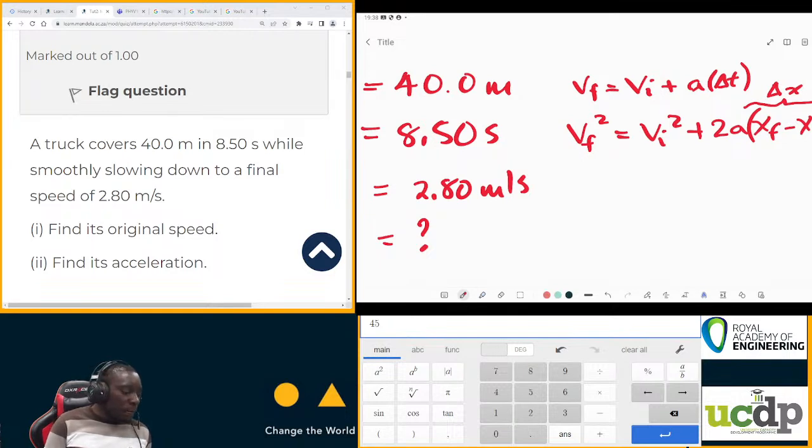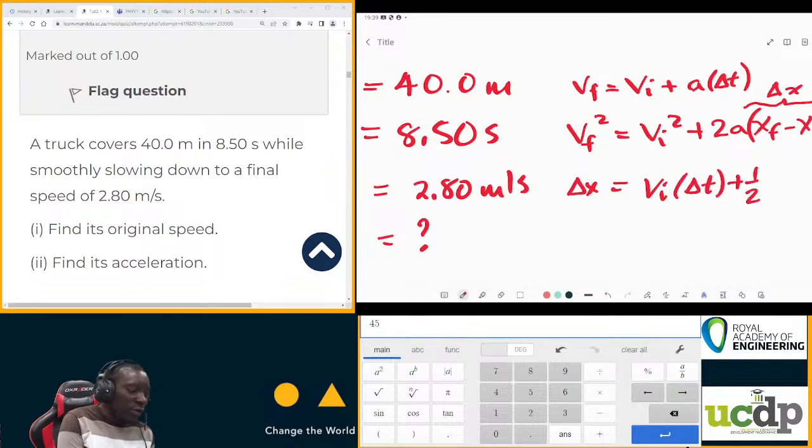Then we have one which says delta x is Vi times delta t plus half a delta t squared. Okay, so now which one do we use? Which of the equations do we use? We want to find Vi.